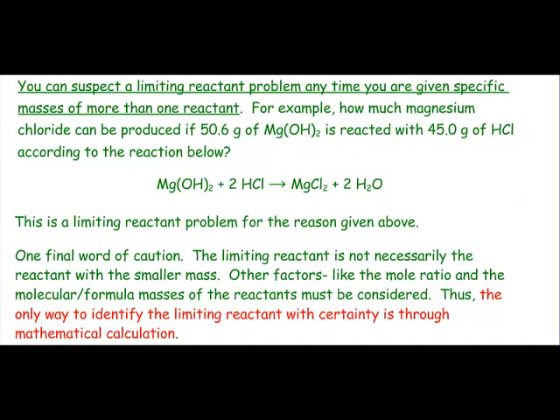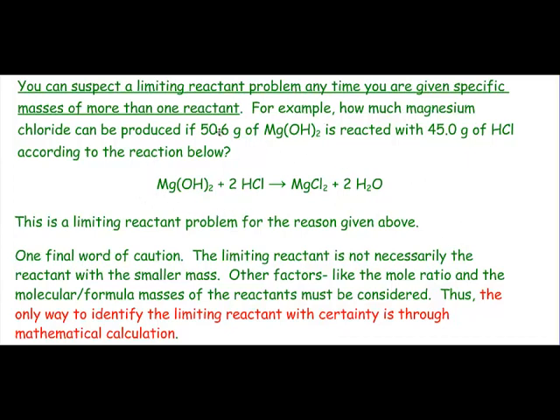You should suspect a limiting reactant problem anytime we're given specific masses of more than one of the reactants. In this case, it says we're starting with 50.6 grams of magnesium hydroxide. We're going to react it with 45.0 grams of hydrogen chloride according to the reaction below.